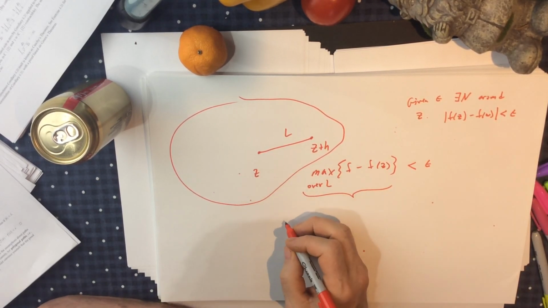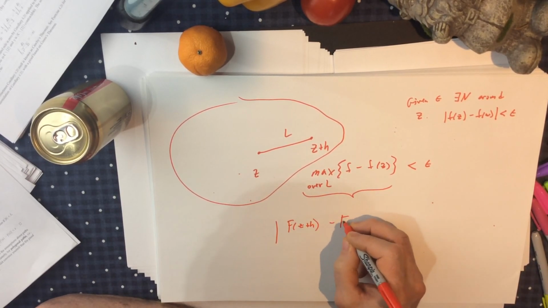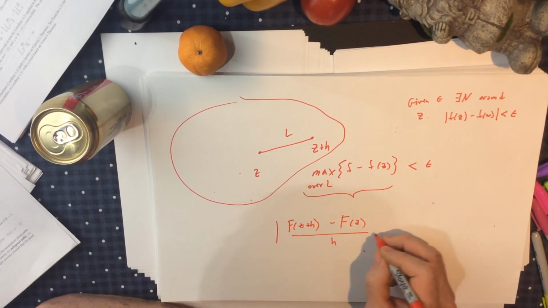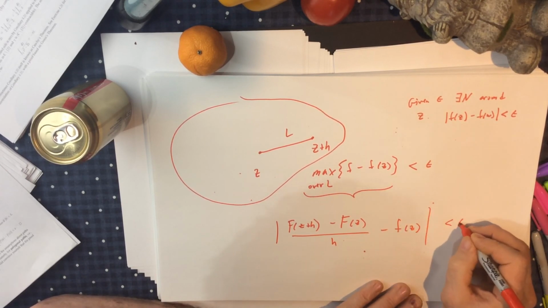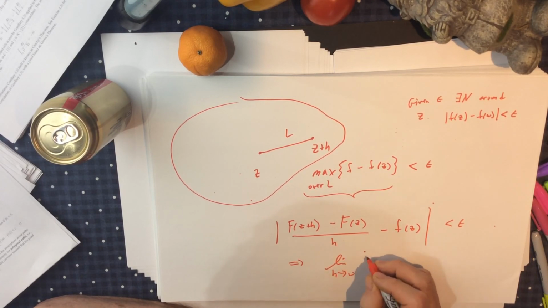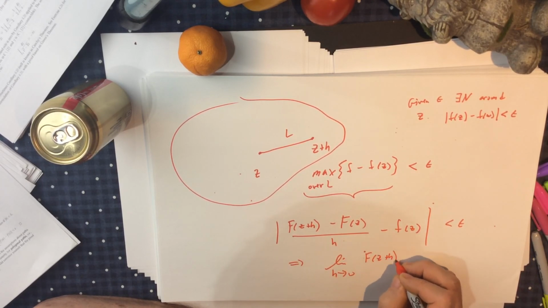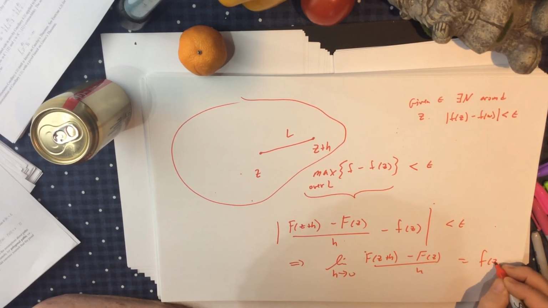So we've just proved that f of z plus h minus f of z over h minus this little f of z is less than epsilon, which implies that under the limit as h goes to 0, we get f of z.